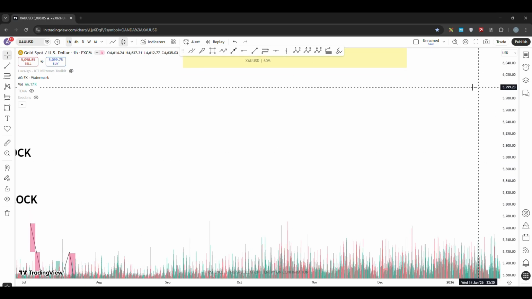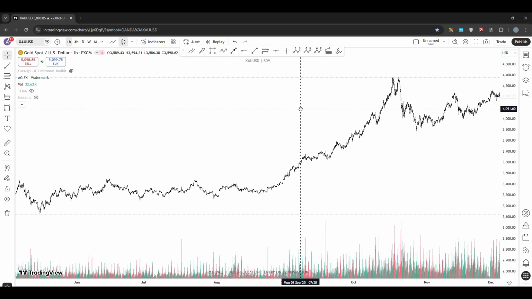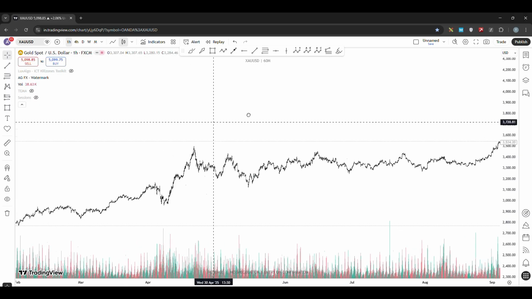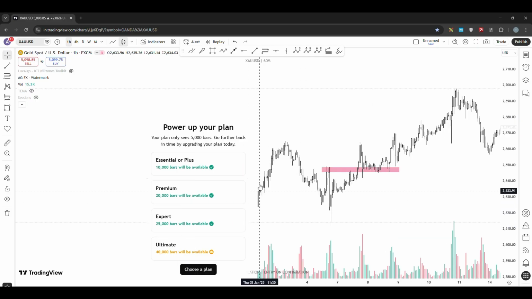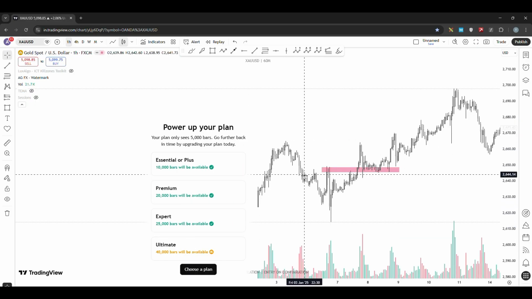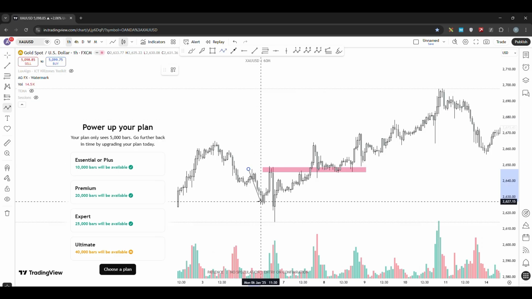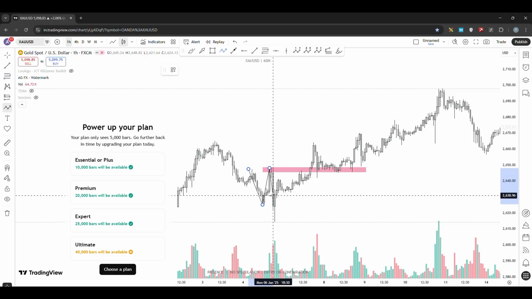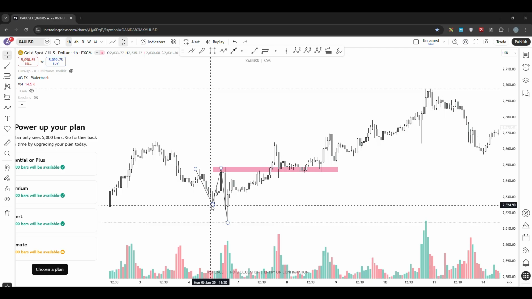Now let's see some examples in the chart. Now we do not really see breakers all the time, because like I told you, this only happens when the market is about to reverse the trend, but I will still show you some examples. So here you can see that the market was in an initial uptrend. After that it started to drop, and the market created this low, then this high, and after that a new lower low, which has swept the last low, right?